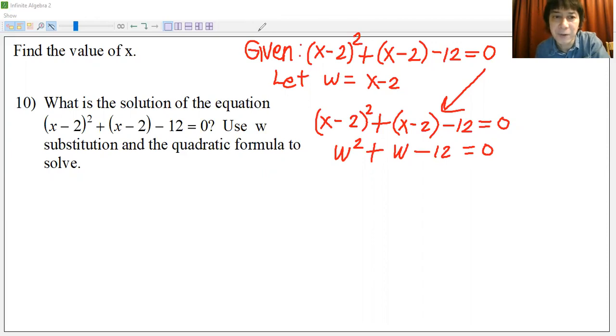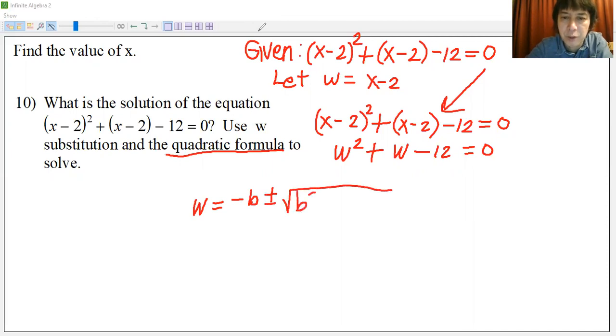And we're asked to solve it using a formula. So we shall use this formula: W = (-B ± √(B² - 4AC)) / 2A.